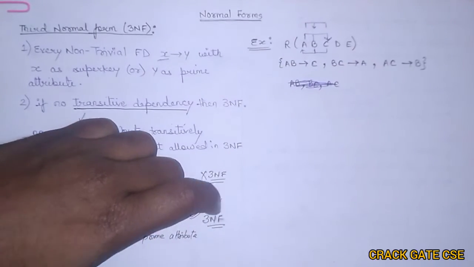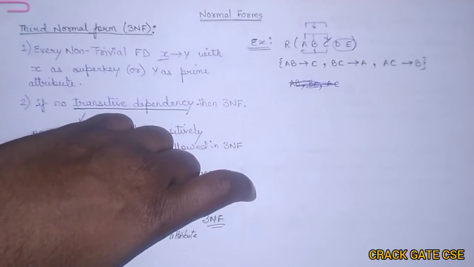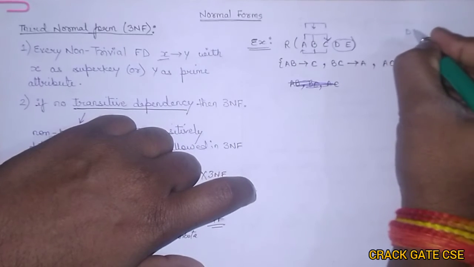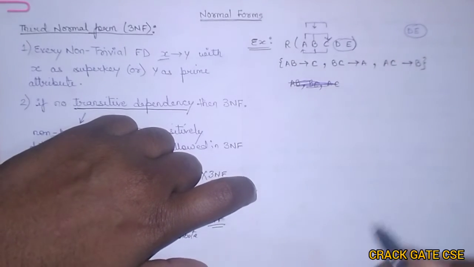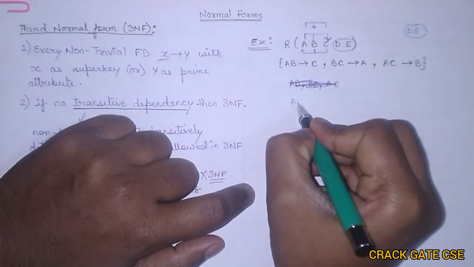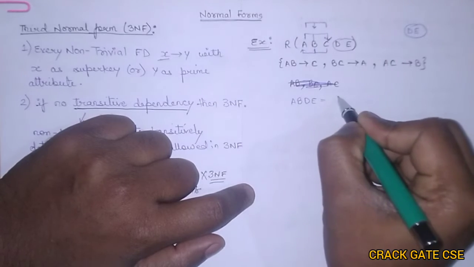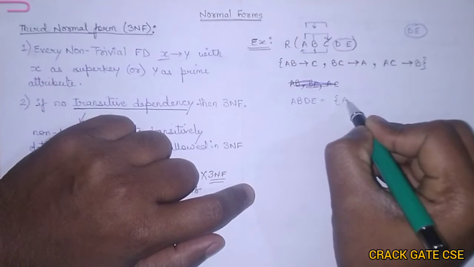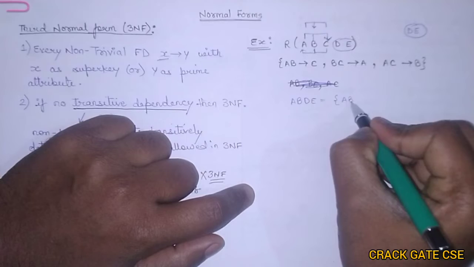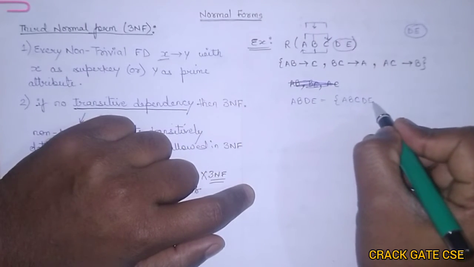You can see that D and E are not in the functional dependency set. That means D and E should be in the candidate key. Now if we find the closure of A, B, D, E we get all the attributes: from AB we get AB itself, then C, and we already have DE as attributes.